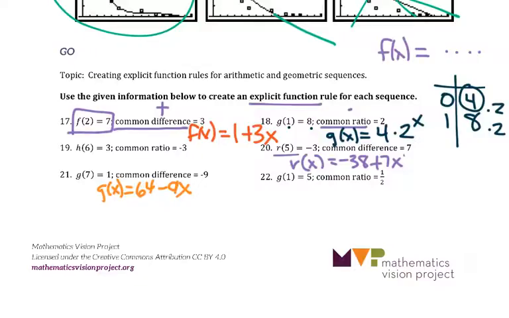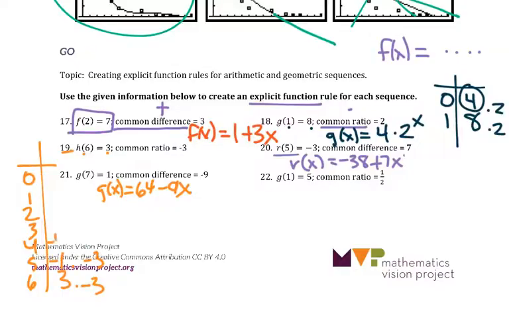Okay. Then 19. So we go to 6. So 0, 1, 2, 3, 4, 5, 6. It's 3. Our common ratio is multiplying by negative 3. So we're kind of going backwards. Okay, so 3 divided by negative 3 would be negative 1.